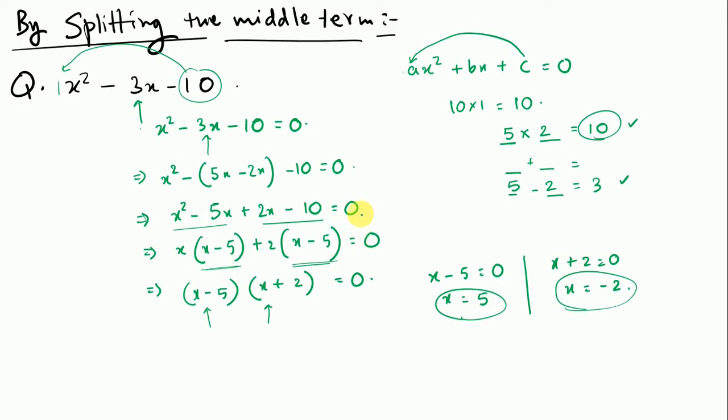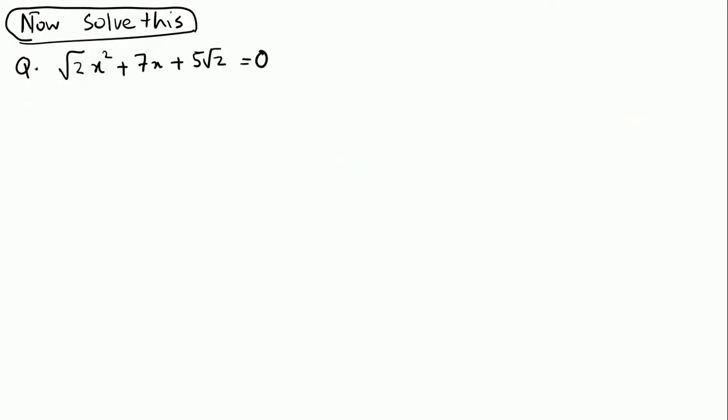Now let's try another question. Suppose this one, this is a little bit complicated. The first step, this is root 2x square plus 7x plus 5 root 2 equals 0. The first step I told you is that you will multiply c with a. So 5 root 2 multiplied by root 2 will become 10.